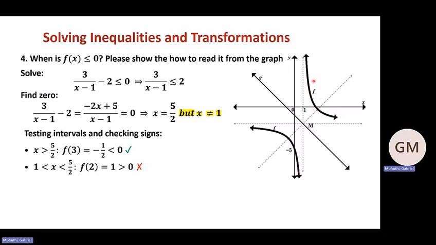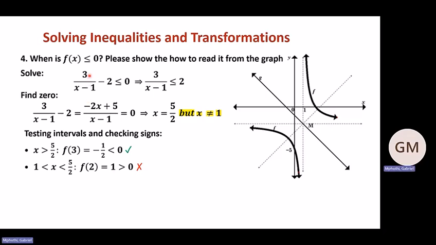We can see that that part of the graph is above the x-axis. Even when we calculate the function at x equals 2, we find our function to be 1.